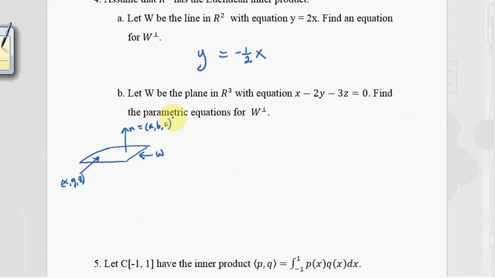So we said find the equation of the plane. The equation of the plane is no more than the inner product of a vector in the space with its orthogonal or its normal vector.